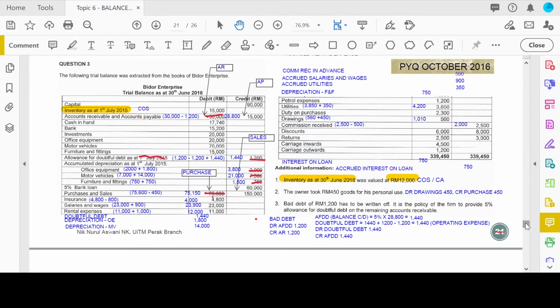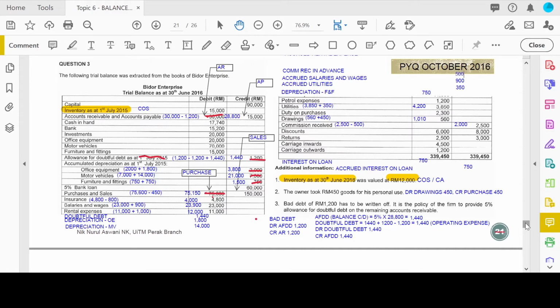And the last adjustment is for accruals and prepayments. So we have adjusted both accounts, expense or revenue account, and whether we have a prepaid expense or revenue received in advance.